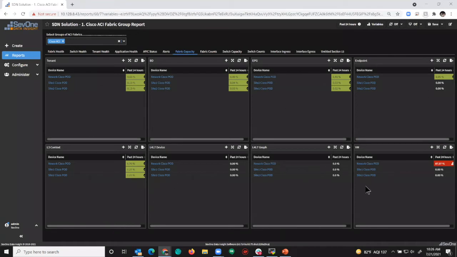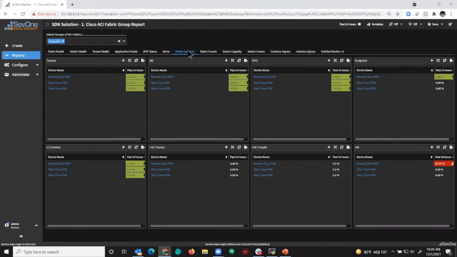So there are fabric level capacity limitations based on the size of your fabric. So these numbers will change. If you added, say, 10 new leaf switches, potentially your fabric size could go up, and these numbers could change percentage-wise.